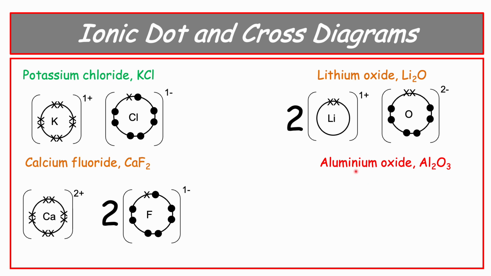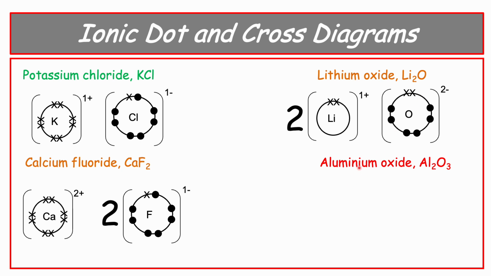The tricky example is the aluminium oxide. So aluminium is in group 3, so it has 3 electrons in the outer shell. That means aluminium will lose 3 electrons to form an ion with a +3 charge. But oxygen, as you can see from the example above, only wants to gain 2 electrons.